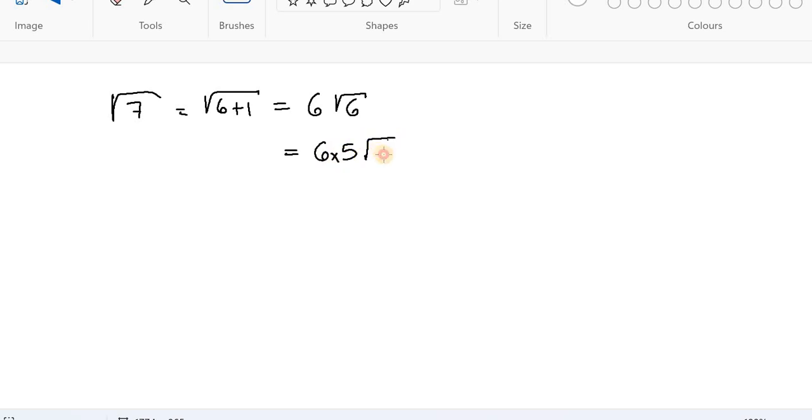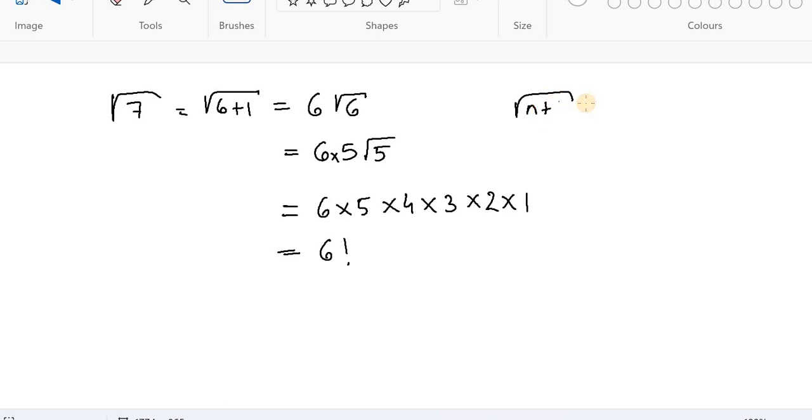So it goes like this: 6 into 5 into 4 into gamma 4, 3 into gamma 3, 2 into gamma 2, 1 into gamma 1. Gamma 1 is 1. So this is nothing but 6 factorial. Like that, for any integer n, gamma of n plus 1 is equal to n factorial. So that's why we call the gamma function the extension of the factorial notation.